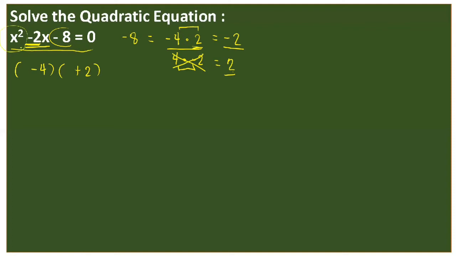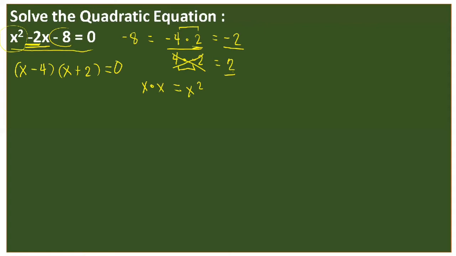The factor of x squared is x times x. So therefore, we just place it in each factor. Now, we have the factored form of x squared minus 2x minus 8, which is x minus 4 times the quantity of x plus 2 is equal to 0.